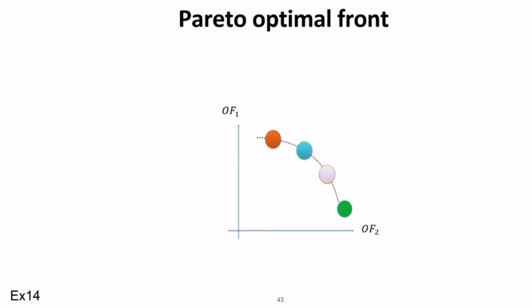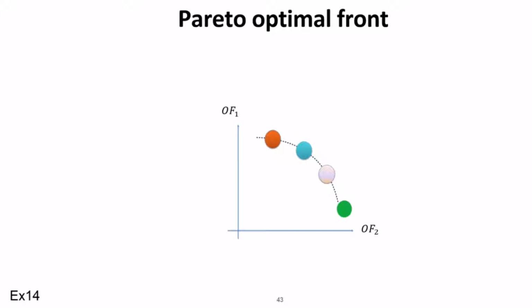This example is going to talk about multi-objective decision making, and we are about to find the Pareto optimal front. So far, the examples that we have analyzed together all refer to single objectives.